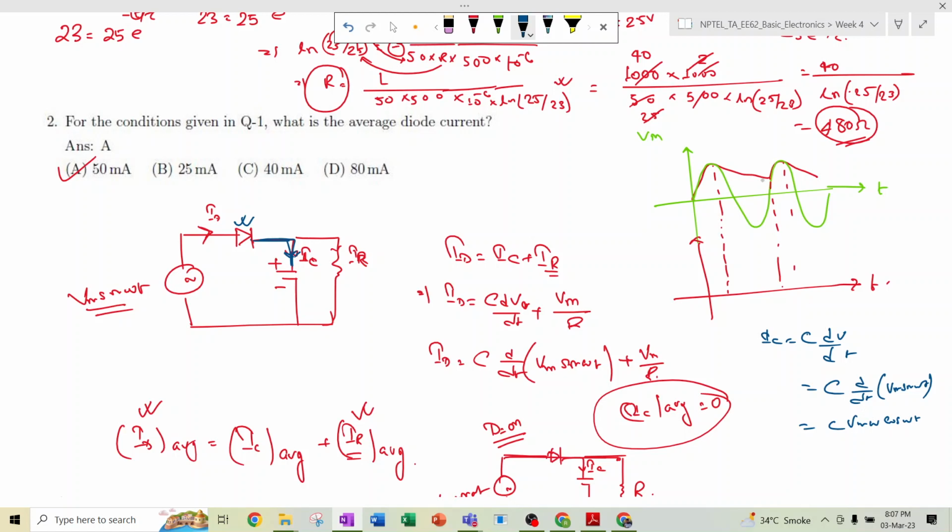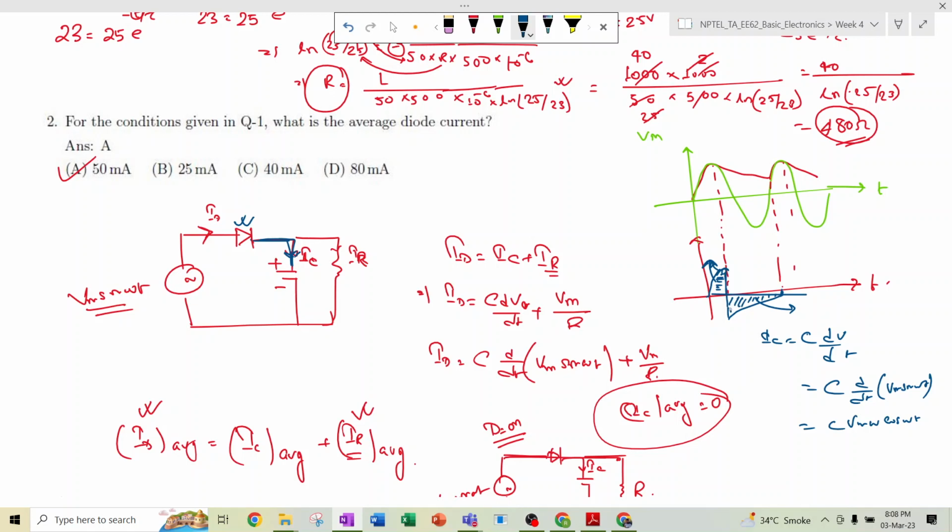So if you plot that curve, whenever the capacitor is charging, and whenever it is getting discharged, it will eventually get discharged at this point. If you calculate this, you can find that this area will be equal to this area. So the average is basically zero.